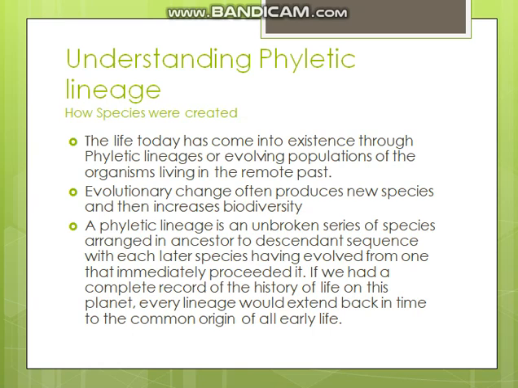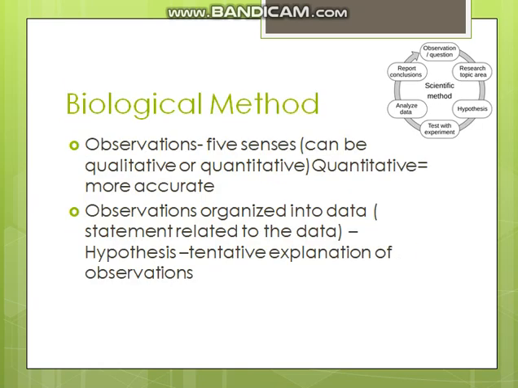So let's move on to the biological method, our second interesting topic. The biological method is actually a method by which we formulate theories and laws. You've probably heard about a lot of laws, like the law of conservation of mass, the law of conservation of momentum.